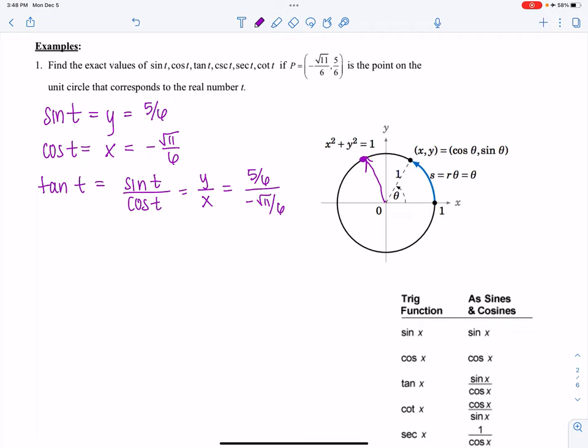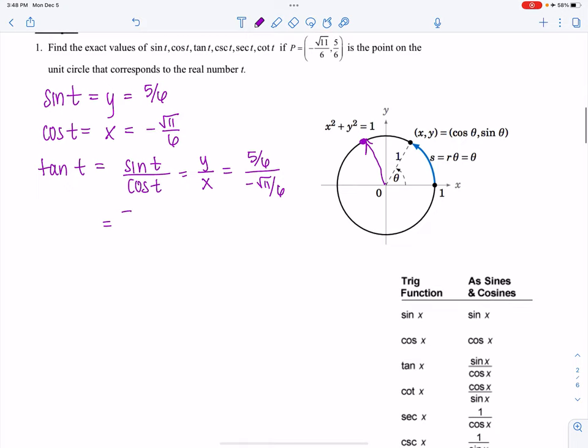And now I have to do some algebra to make sure I don't have a fraction in a fraction and a square root on the bottom. So 5 over 6 divided by negative root 11 over 6. I'm going to use some division properties where I keep the first, I turn it to multiplication, and then I flip the second.